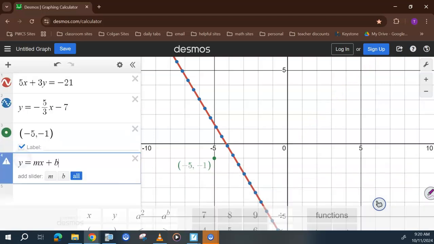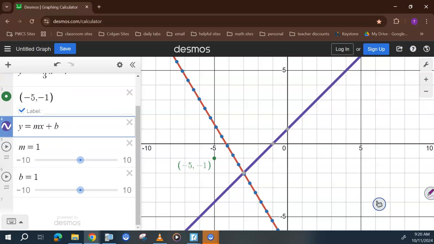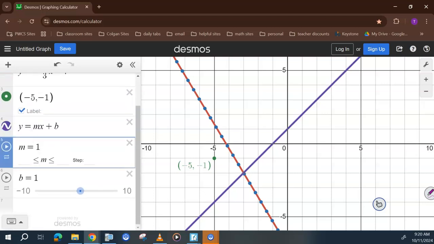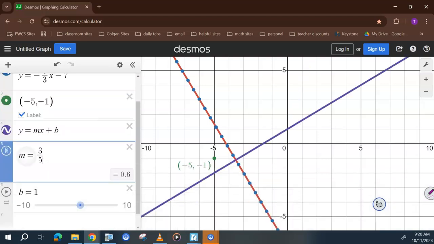And you're going to get something that looks like this. You're going to add in all the sliders. And this will work for any writing the equations, parallel and perpendicular. If you know what your slope is, so for 4, we flipped the slope and made it positive so that it was 3/5. Then I can move my b by pressing play or moving the slider until it goes through this part.